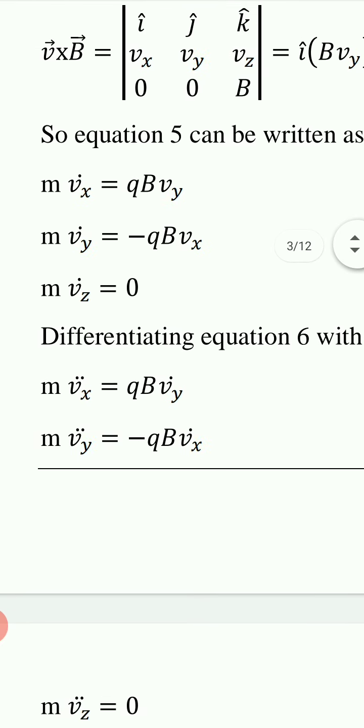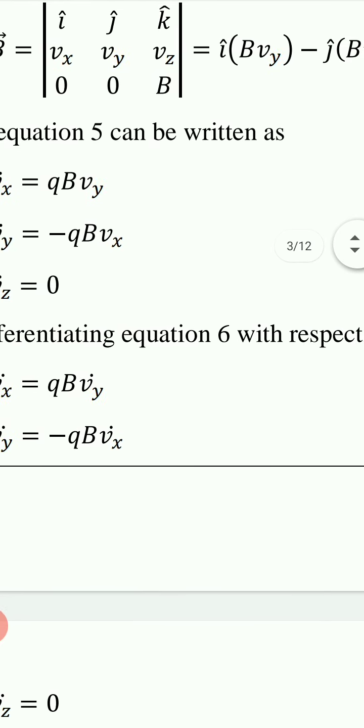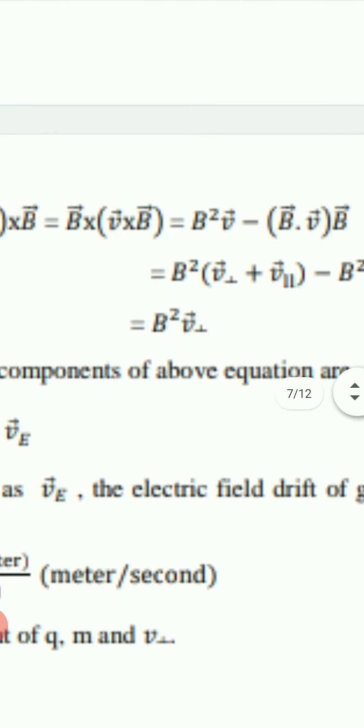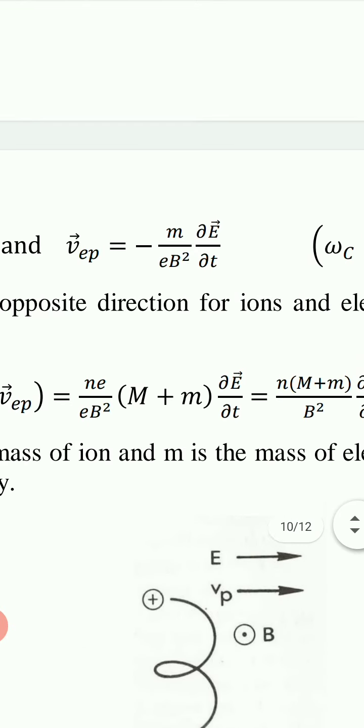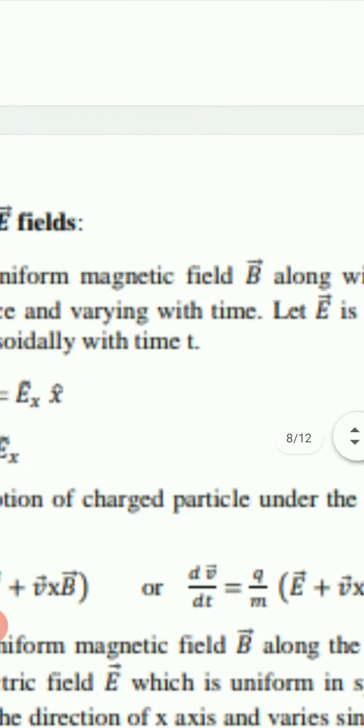So equation 5 can be written as m v dot equal to q v cross b.